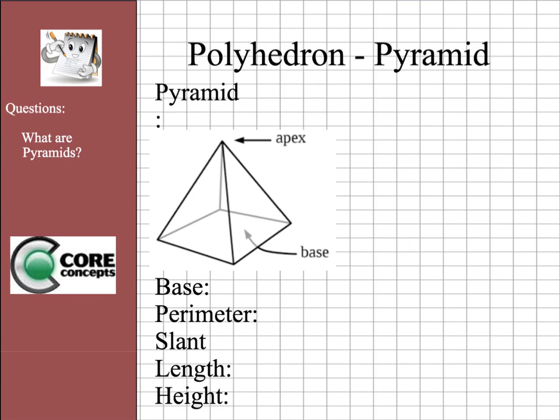The next type of polyhedron is called a pyramid. Okay?